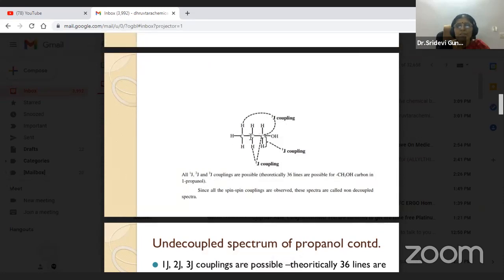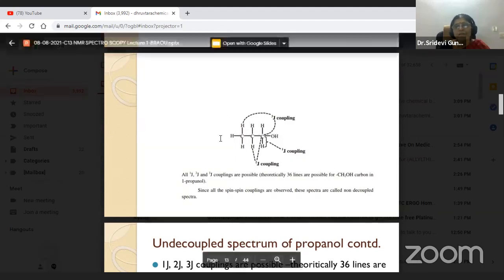So all J1, J2, J3 CH couplings only I am talking about, not CC coupling, because the probability of finding two C13s in attached positions is very, very rare. That you will know in couplings in detail.